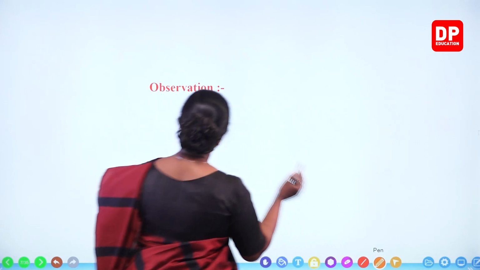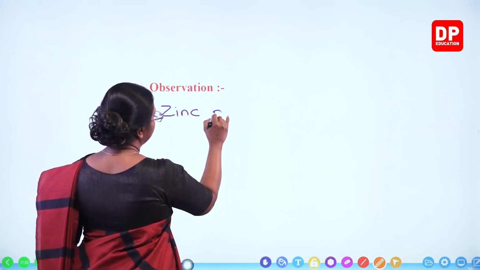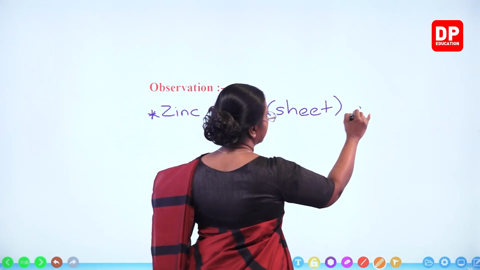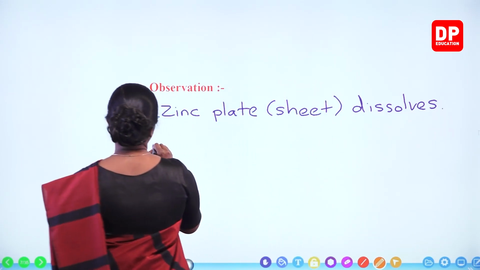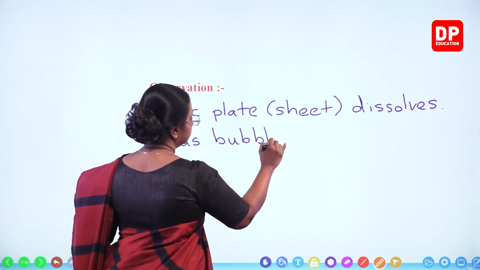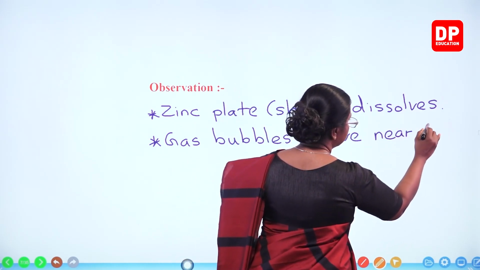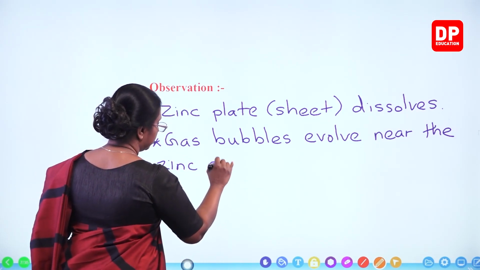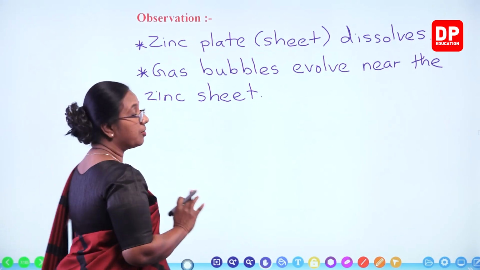So here you saw the zinc plate or sheet dissolves, then gas bubbles evolve near the zinc sheet. So those were the observations.